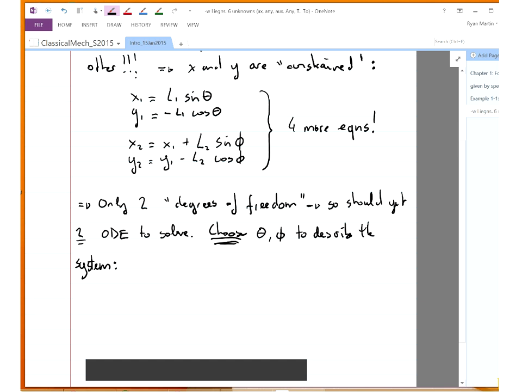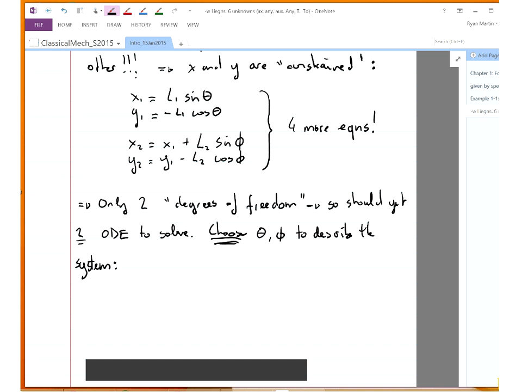So that means we need to find differential equations for theta and phi. Right now we have differential equations for the x's and y's, right? We have d squared x1 by dt squared equals stuff, right? So somehow we have to make that a d squared theta or d squared phi by dt squared equals stuff.